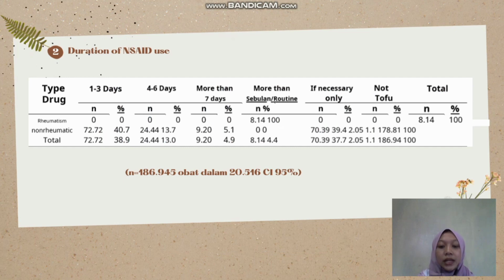2. Duration of non-steroid anti-inflammation use. The results of the analysis showed that drugs were used for self-medication without a doctor's prescription and for a long time, more than a month.